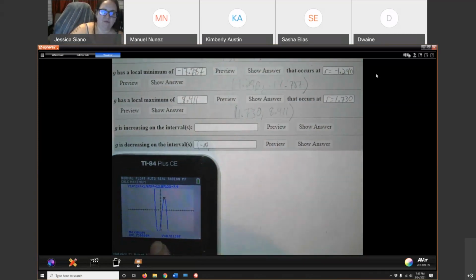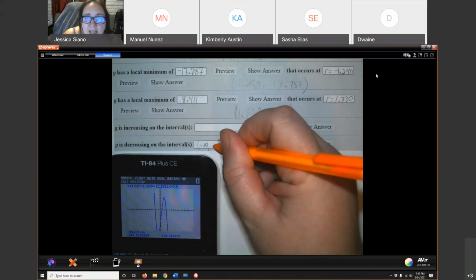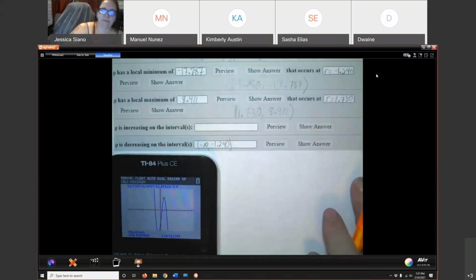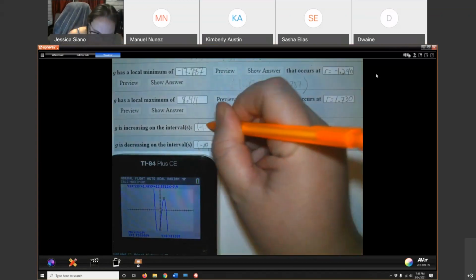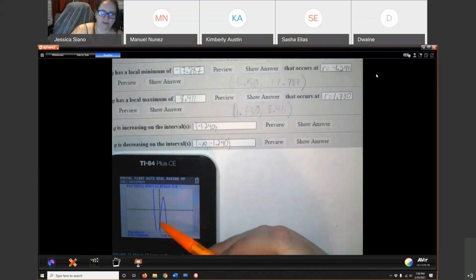Now keep in mind that for decreasing and increasing, you are only concerned with x values. So the x value of that minimum was negative 1.240. And now at that point, it starts increasing. And this whole middle section of the graph is increasing.